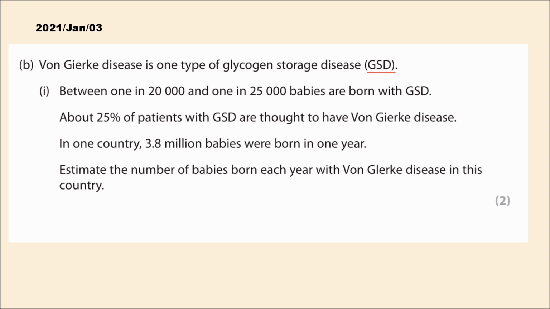Between 1 in 20,000 and 1 in 25,000 babies are born with GSD. About 25% of patients with GSD are thought to have von Gierke disease. In one country, 3.8 million babies were born in 1 year, and we have to estimate the number of babies born each year with von Gierke disease in this country.